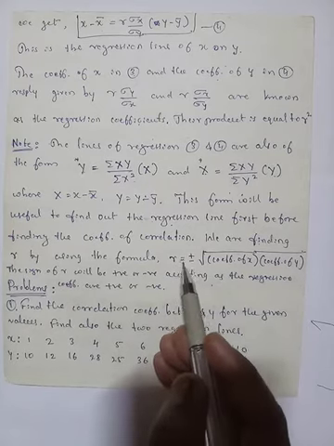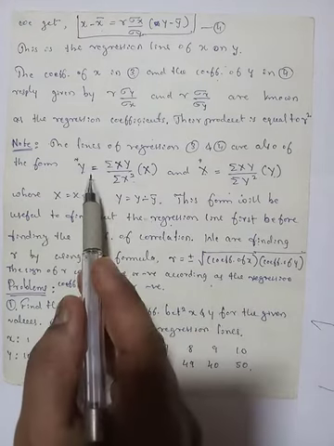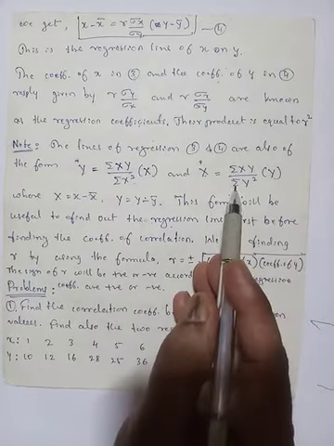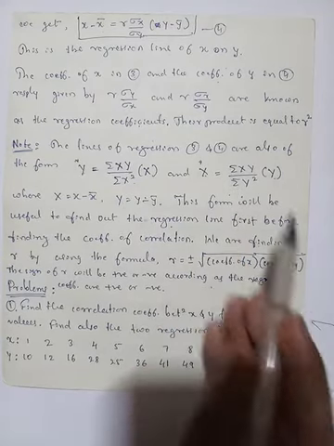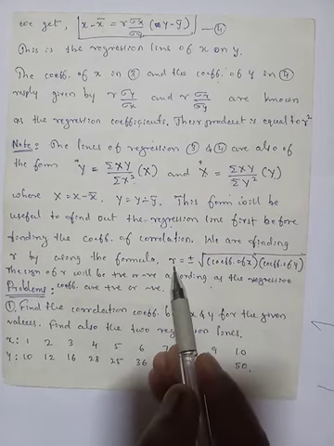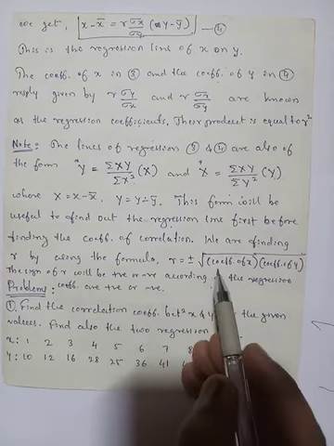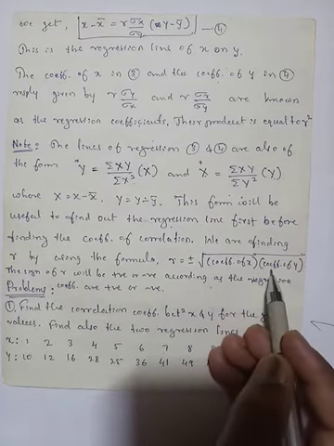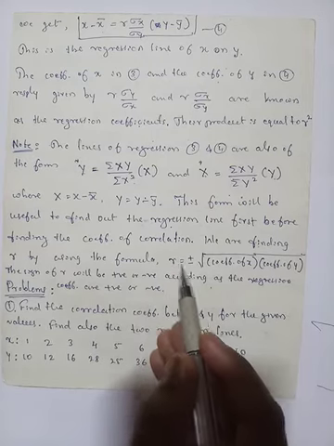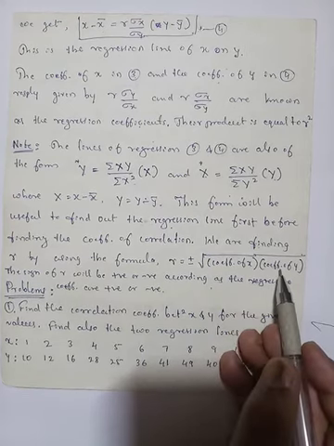See, the formula is very simple: R equal to plus or minus square root of the product of the coefficients. From the line of regression of y on x we get the coefficient of x, and from the line of regression of x on y we get the coefficient of y. Taking these two coefficients, the square root of their product gives the value of R, the coefficient of correlation. And remember this is very important: if both the coefficient of x and the coefficient of y are positive, then you take R as positive.